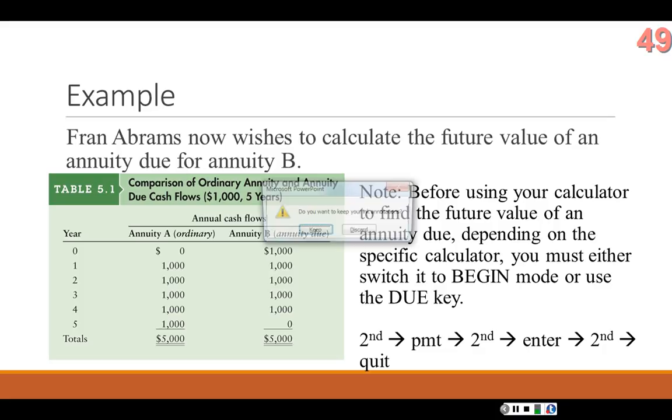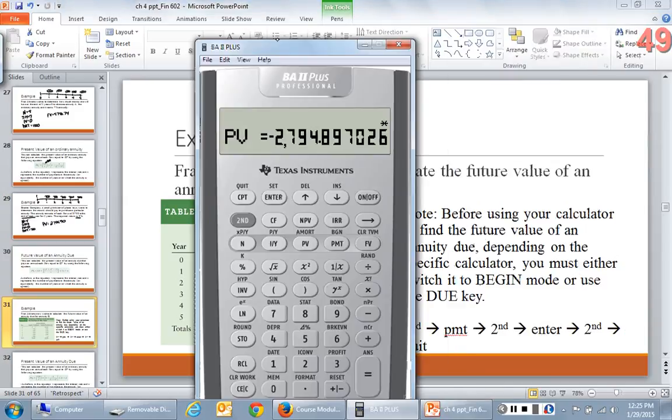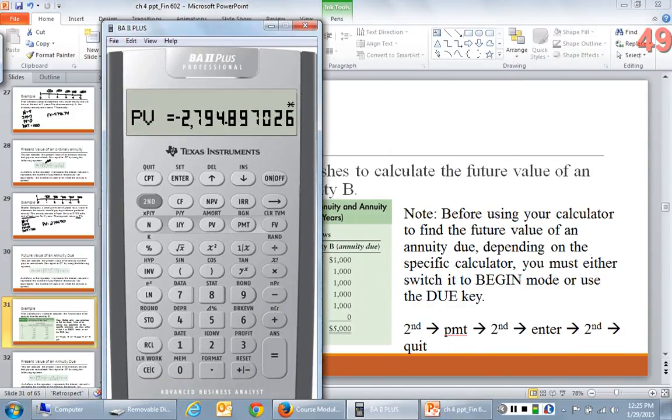And so here's the steps. They're written on the slide. So second and payment. So it says end and we want it to say begin. It tells you in the top of your calculator in the center, it has the set button, which means that's what you need to push to be able to switch it to a different mode.